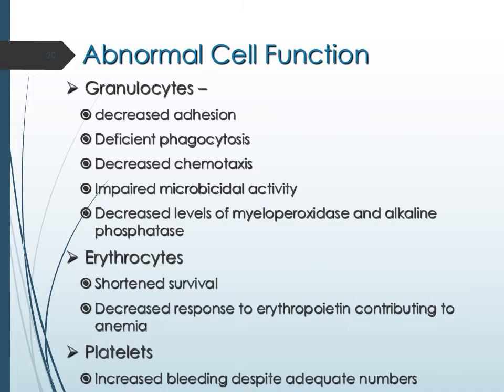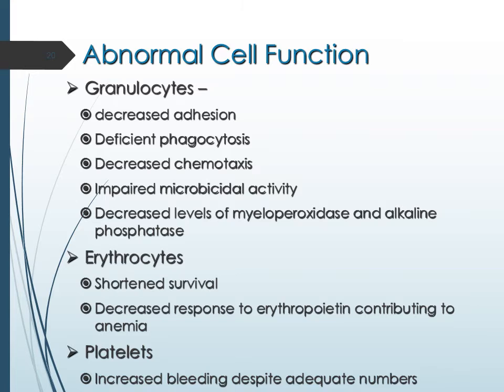Remember, these patients will have decreased myeloperoxidase and decreased LAP scores. Now let's look at the erythrocytes. The erythrocytes have a shortened survival, and erythroid precursors may have decreased response to erythropoietin, leading to anemia in these cases.